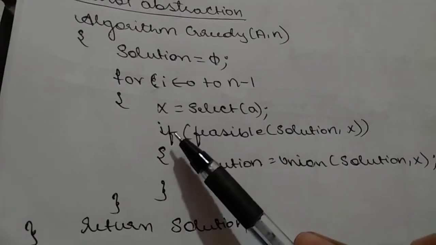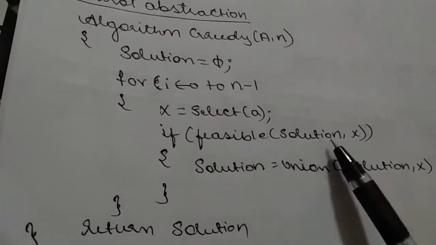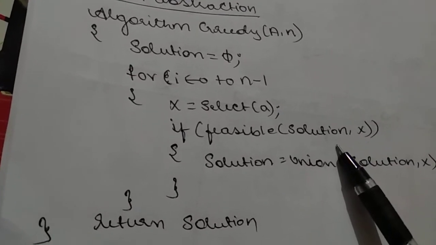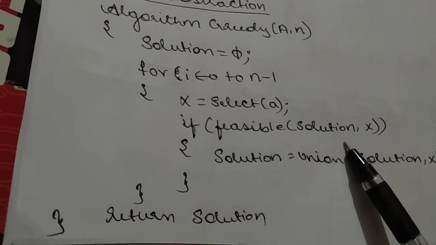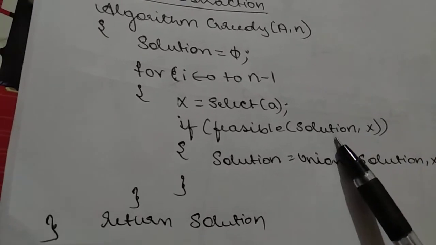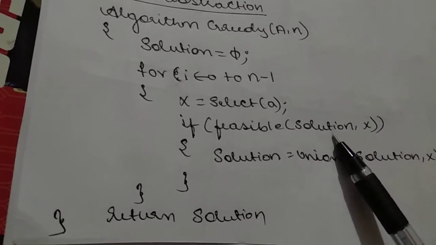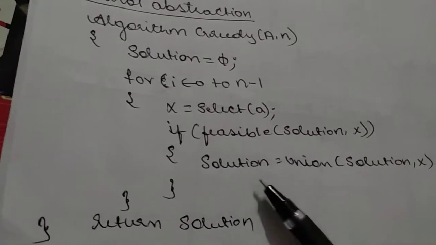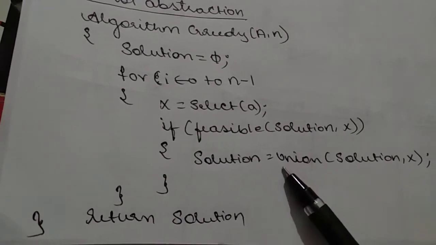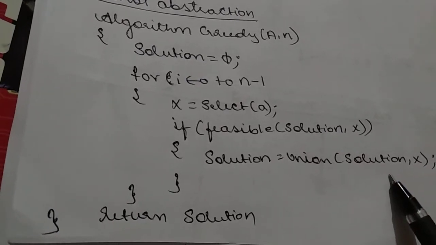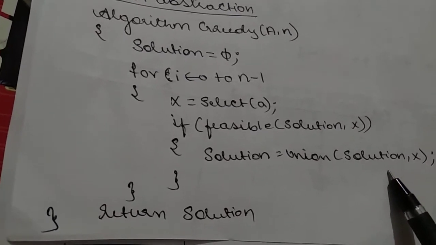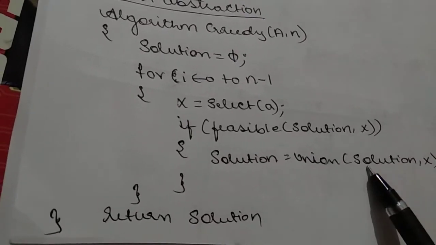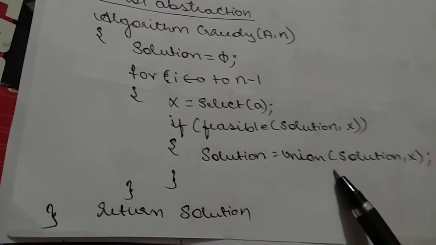Then it will check if feasible of solution, x. This function will check whether the selected input can be inserted into the feasible solution or not. If it is accepted and it can be added, then by using this union, solution equals union of solution, x, it will be added into the feasible solution. Then among all those feasible solutions, we have to select one, what?